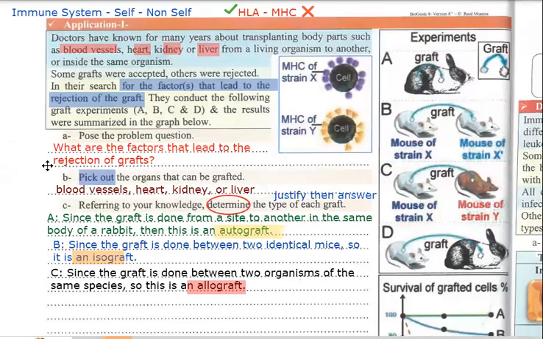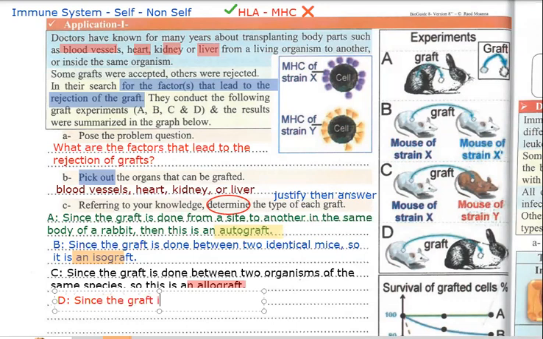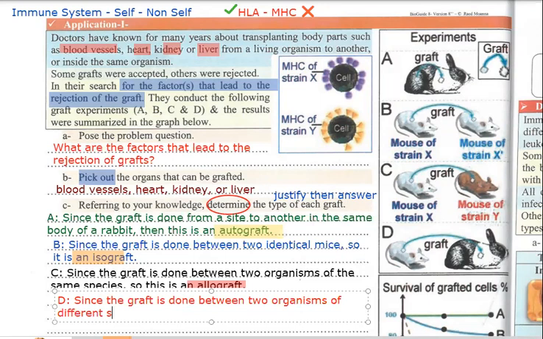Now, D, as you can see, this is a bit strange. The graft is done from a mouse to a rabbit. Since the graft is done between two organisms of different species, one is a mouse and the other is a rabbit, then this is a xenograft.